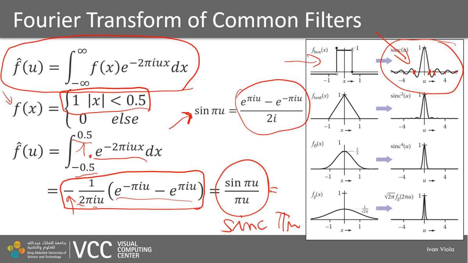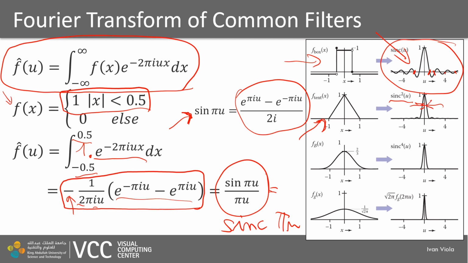More about that later. You can now see that if we are performing a filtering with the tent filter, we have a sinc squared as its frequency representation. And it's a thinner filter, as you can see here in the frequency domain.